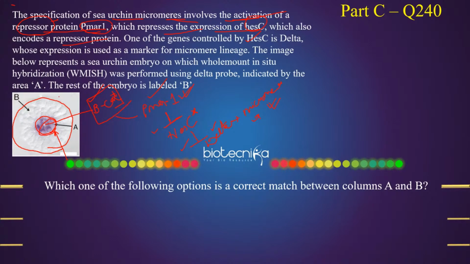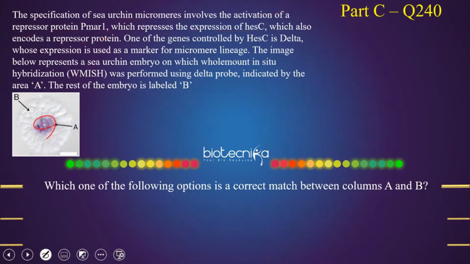So they have done an experiment, whole mount in situ hybridization, WMISH, with a delta probe. That means basically something which will detect delta. Now, this is a normal experiment where you can see delta is expressed only in the micromere regions. And you know why? Because of beta catenin, because of PMAR, because of inhibition of HESC, and because of expression of delta.